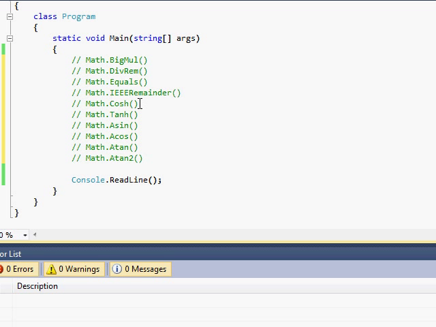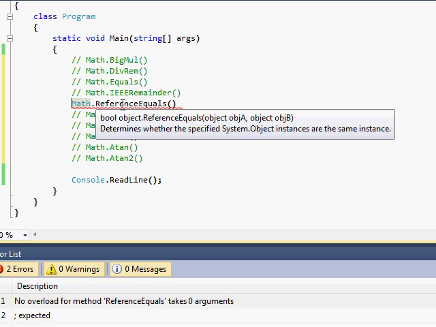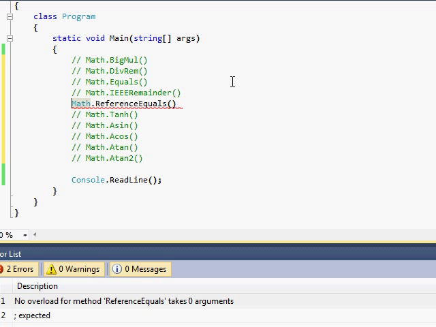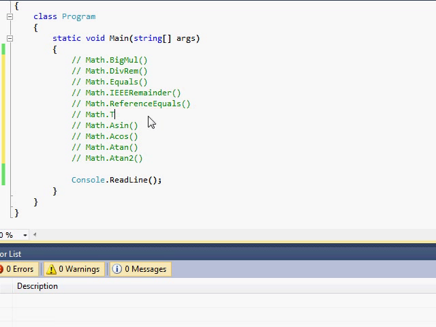I don't remember what that one does, and I probably would never use it. This is ReferenceEquals. This basically compares two objects to see if their memory references are the same. Which we're going to have to talk about, the memory references and stuff. It's about pointers and things.